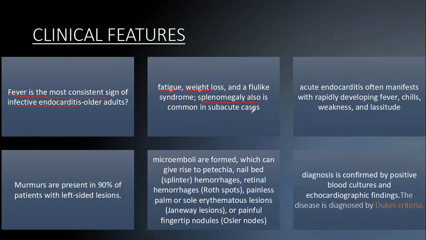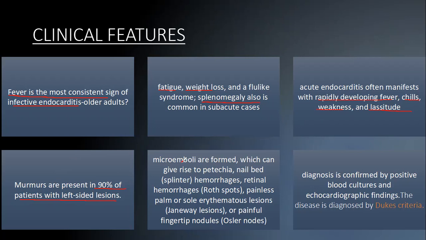Those are the ones which you want to look out for in an older adult because fever will be absent. Now, acute endocarditis will often present as a rapidly developing fever, chills, weakness, and lassitude. Now, cardiac murmurs are present in 90% of the patients with left-sided lesions.